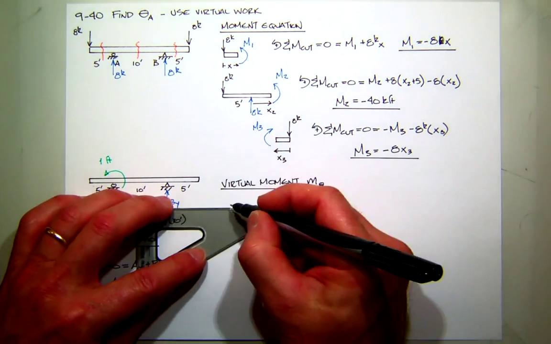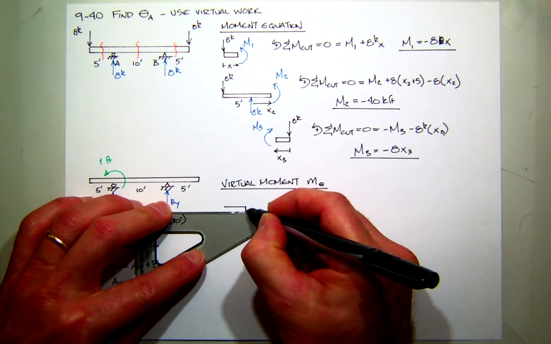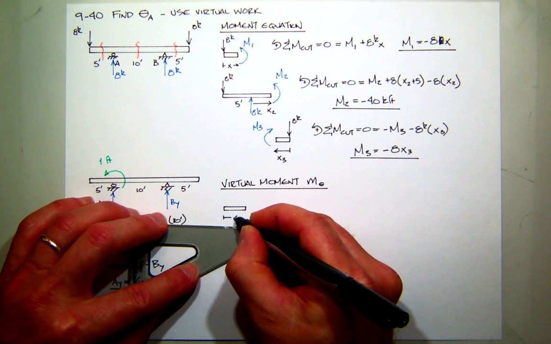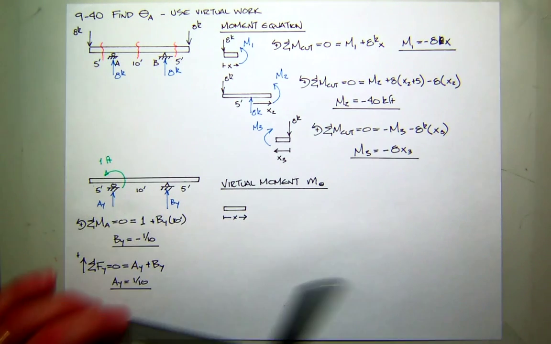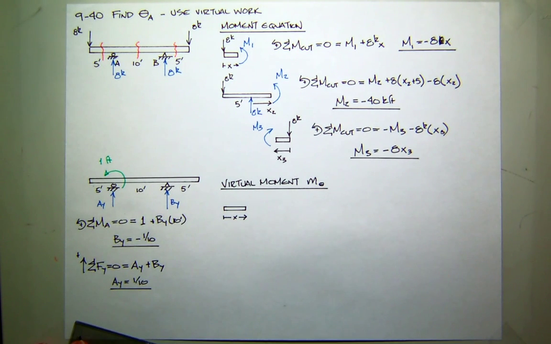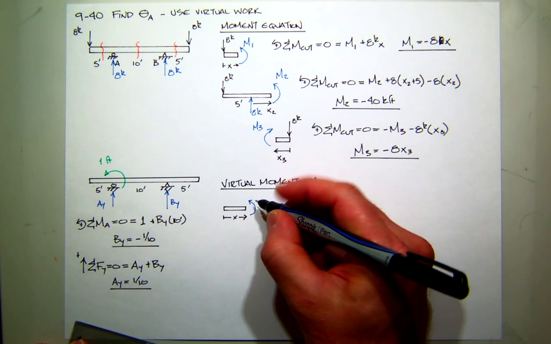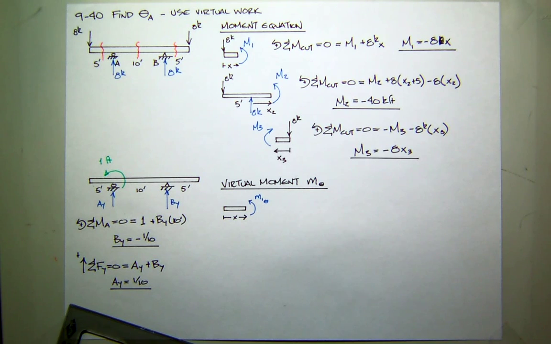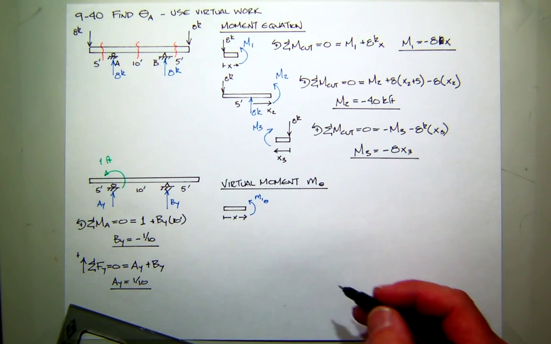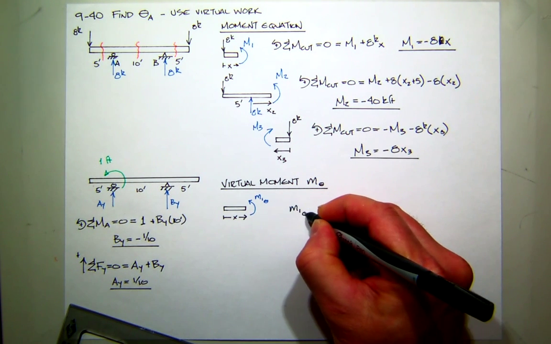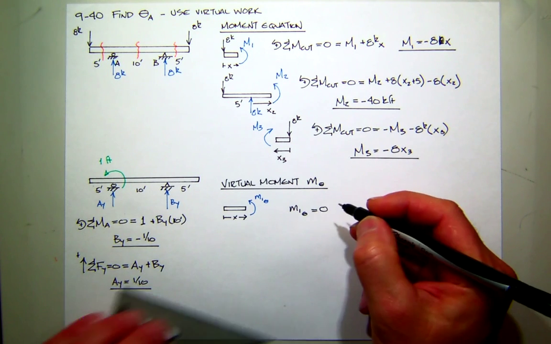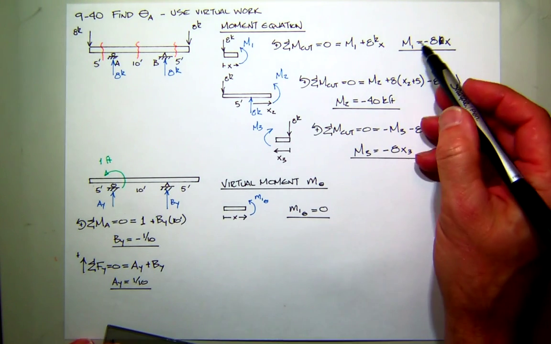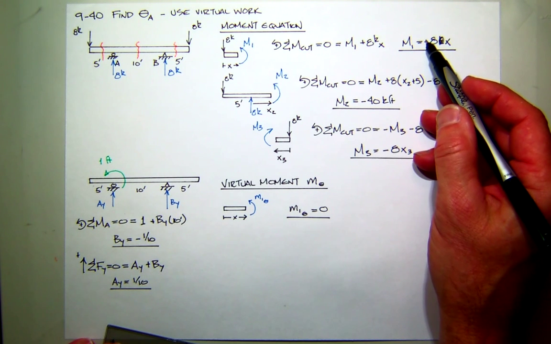So let's go back and look at this piece where I said I made a cut in the x direction, and I have my internal moment now, which I'm calling M1 theta, and I have no loads on it. So what's M1 theta? 0. Well, that's easy. So when I multiply this times the virtual moment, I don't even have to worry about it. 0. There's nothing to integrate.